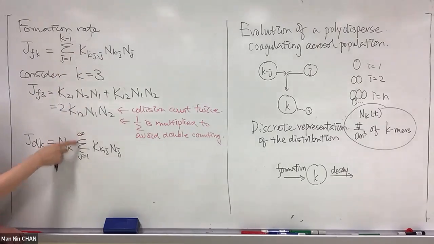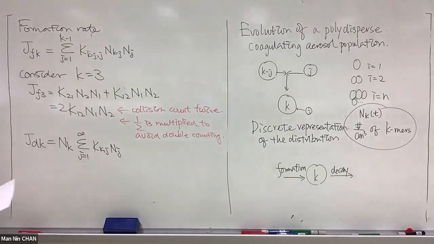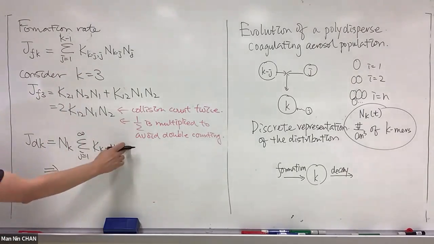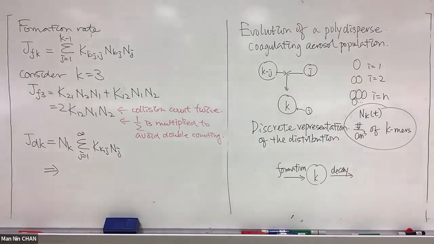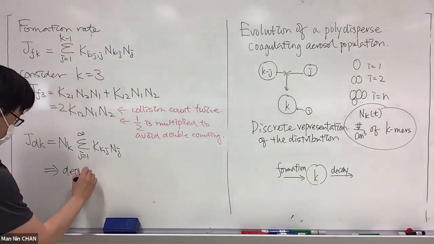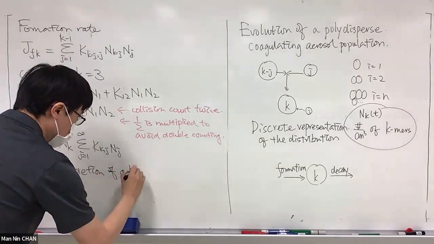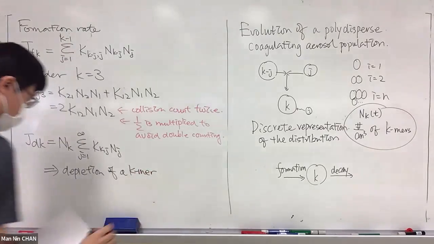So therefore, you consider all the way to infinity here. So the idea for this equation, of course you can put this here, but this is a constant value. The idea is that you can have a depletion of a Kmer.